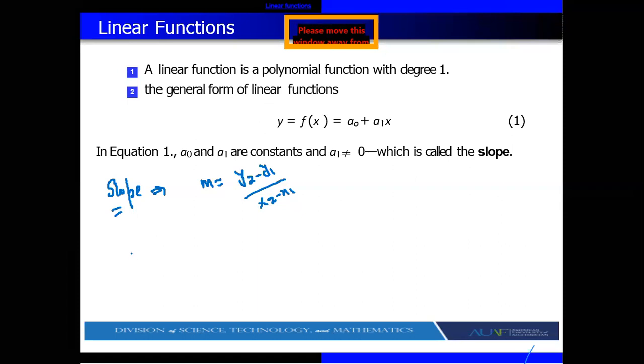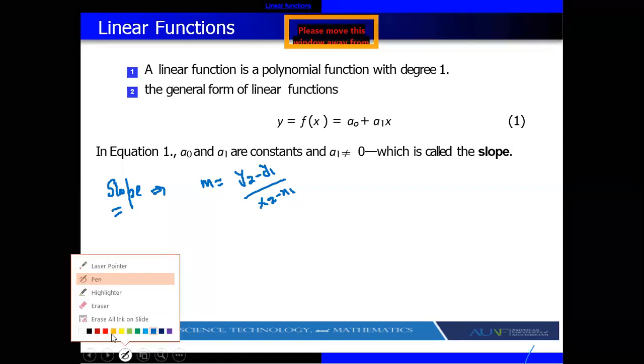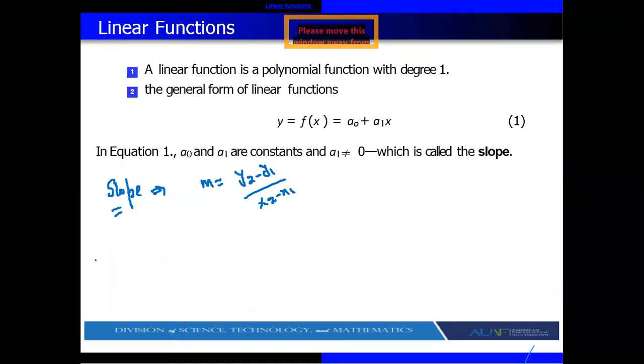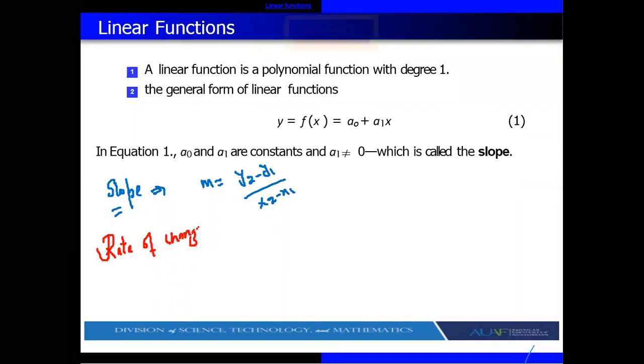Actually, slope is the rate of change. Rate of change means the change between two variables.